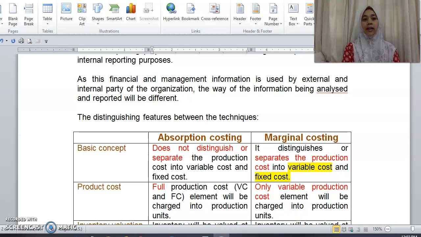With regard to that, the product cost for absorption costing will be based on the full production cost, meaning the combination of variable cost and fixed cost elements. So these two costs will be charged into the production unit. Whereas for marginal costing, only the variable production cost element will be charged into the production unit.